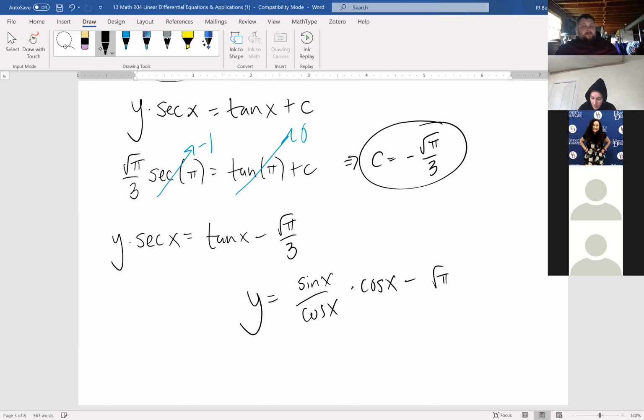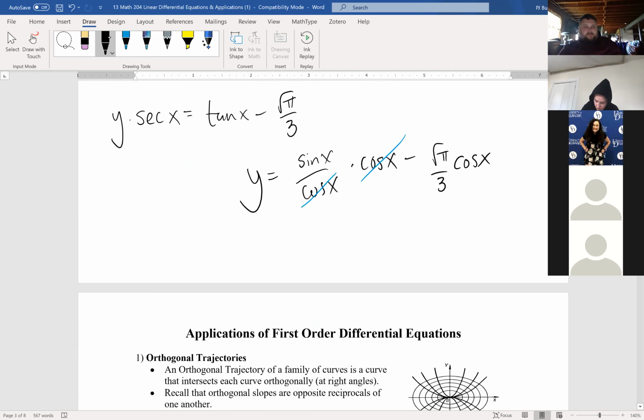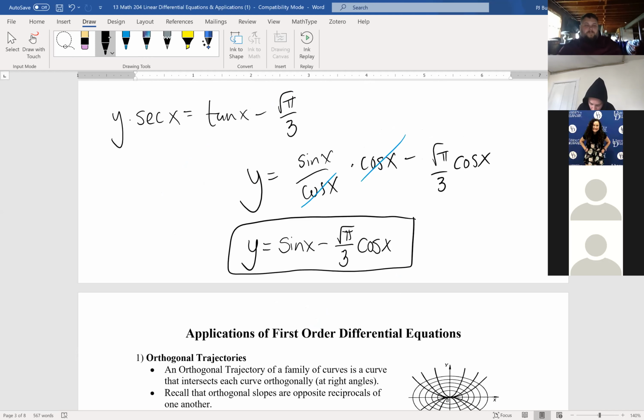I'm going to multiply by cosine. So all said and done with that problem.